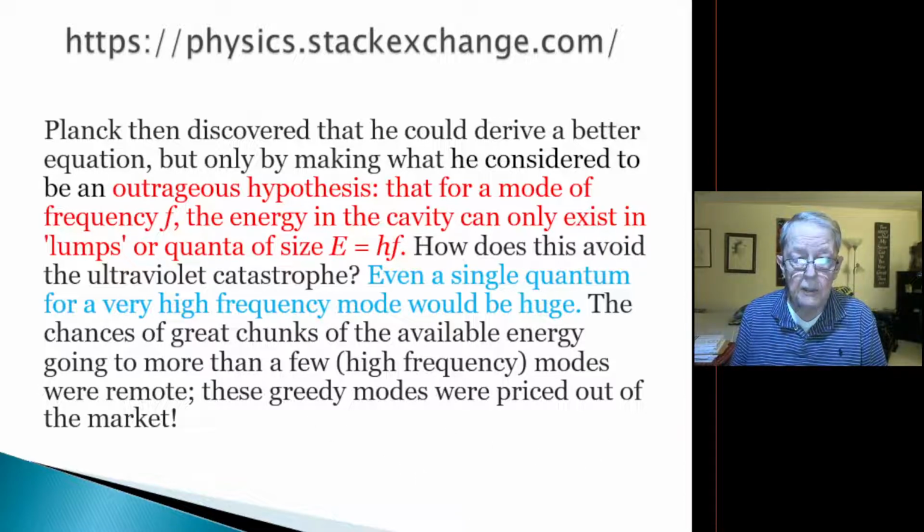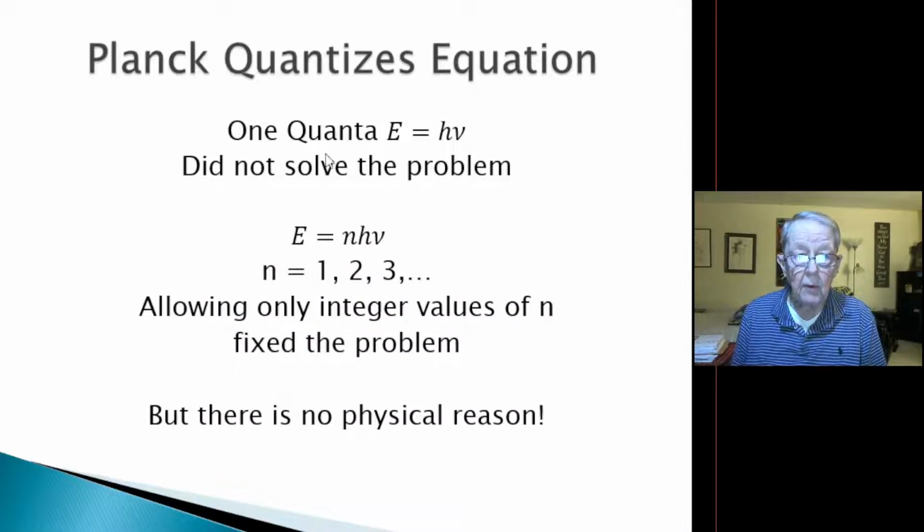But he makes this outrageous hypothesis, and when he does, he takes his equation, he adds n into the equation, n meaning being an integer. He's saying that all energy only exists in discrete quanta. You either have 1 HV or 2 HV or 3.